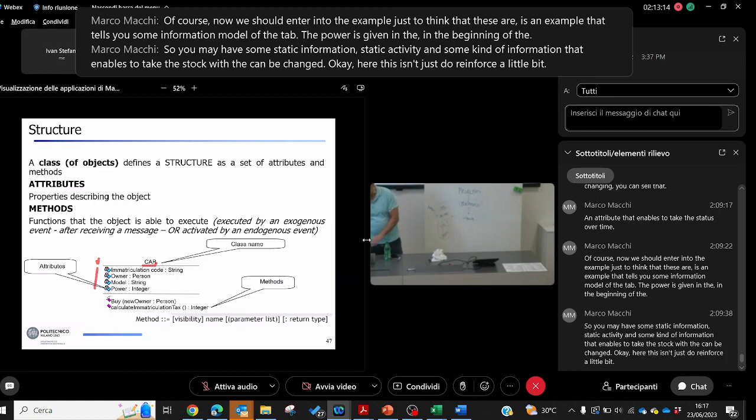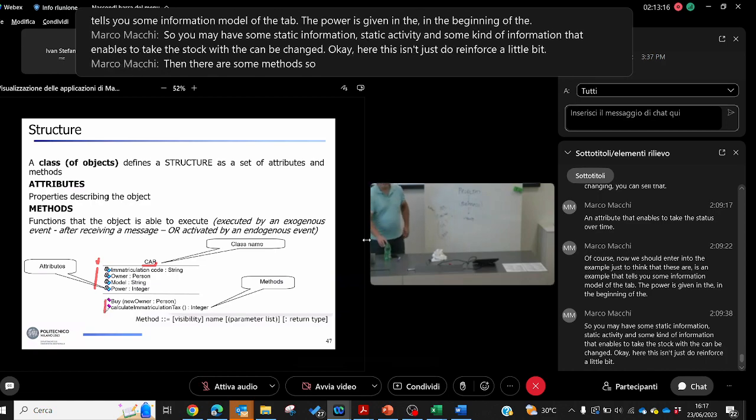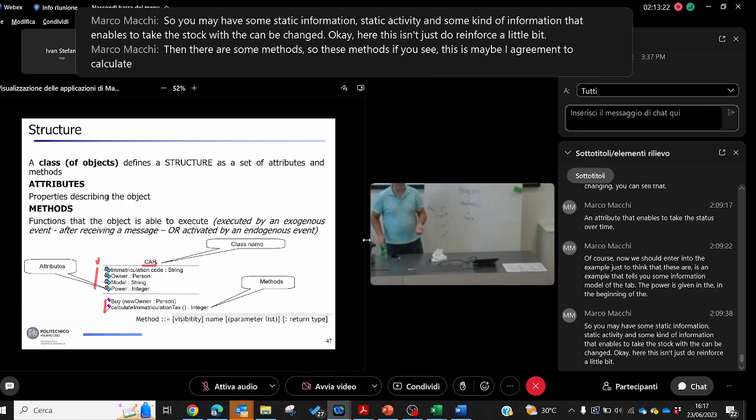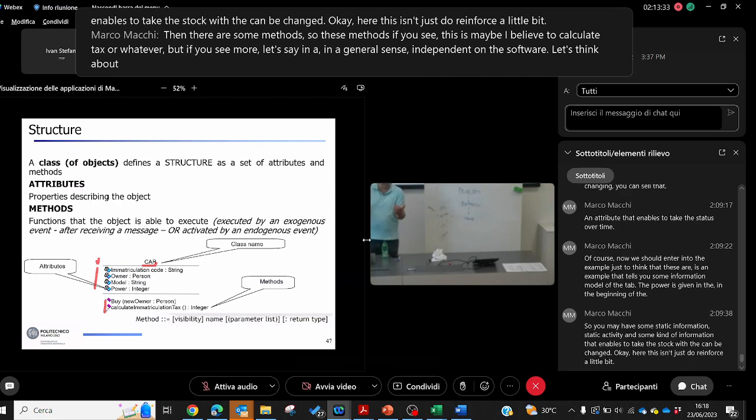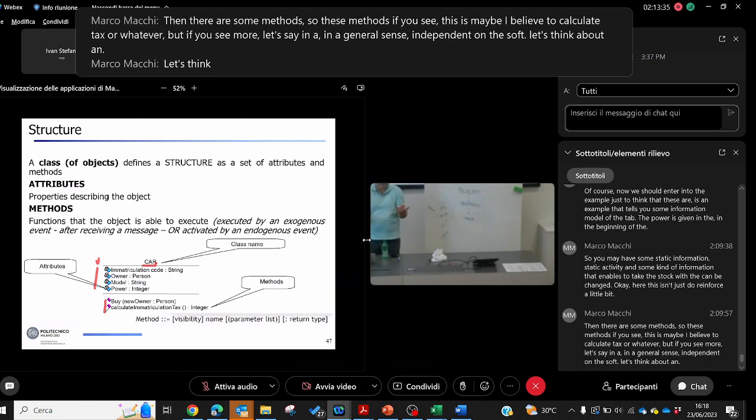Then there are some methods. These methods may be an algorithm to calculate the matriculation tax or whatever. But if you see more in a general sense, independent of the software, let's think about an enterprise, a manufacturing system.